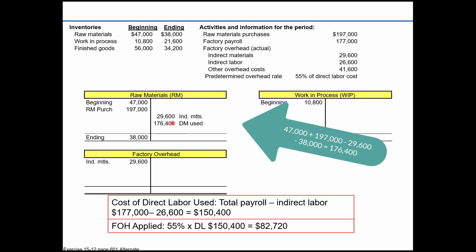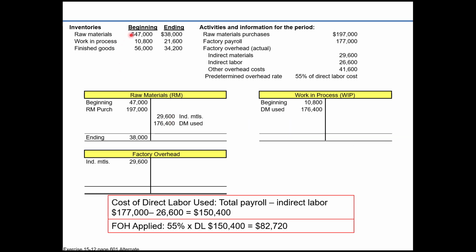Now we'll start putting the information in the work in process. So we had some beginning work in process. The direct materials used are coming over here. So now we're crediting indirect materials went into factory overhead, direct materials goes into work in process, and we have 38,000 left. Now indirect labor is coming down here in factory overhead, just like indirect materials. And direct labor used, which was the 177 minus the indirect.